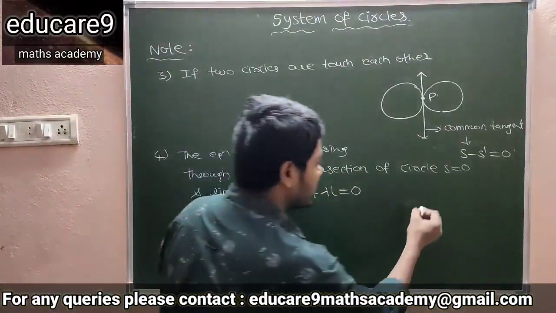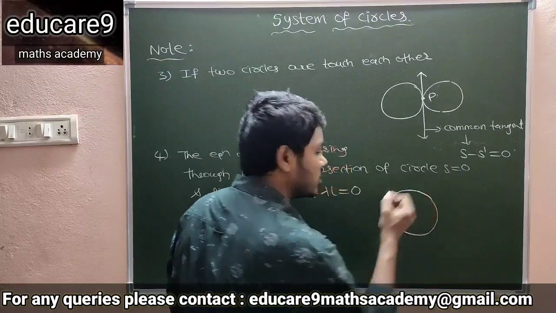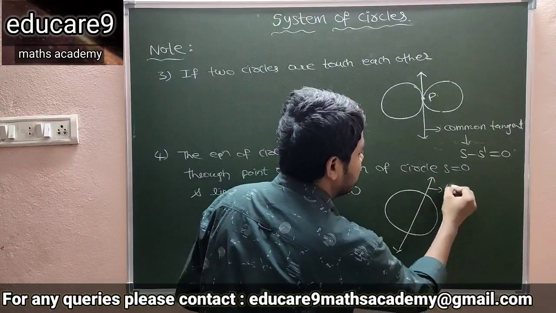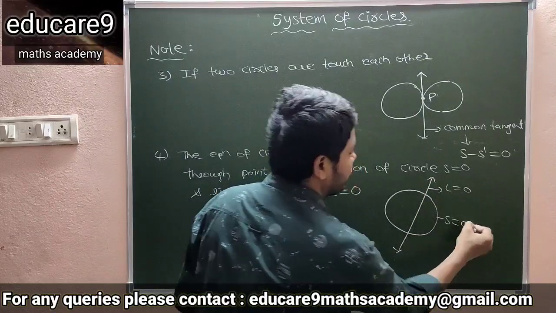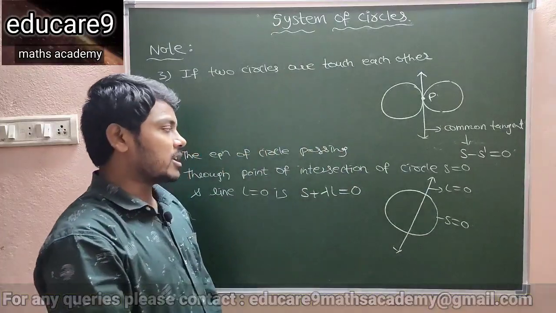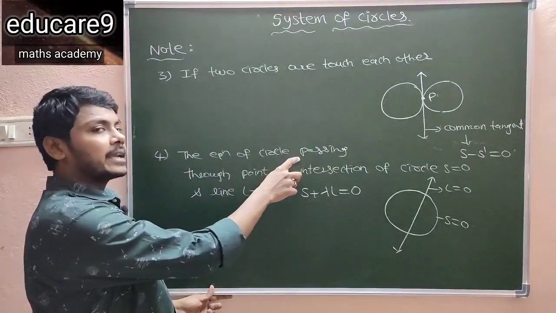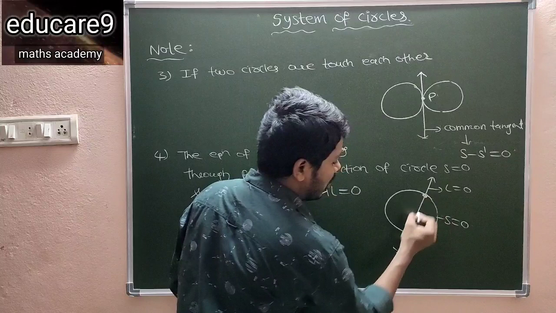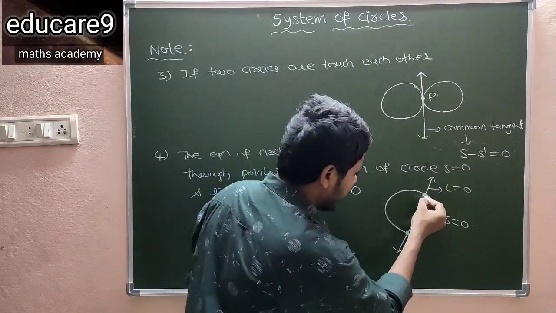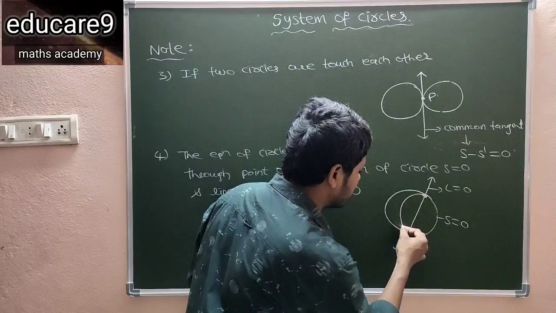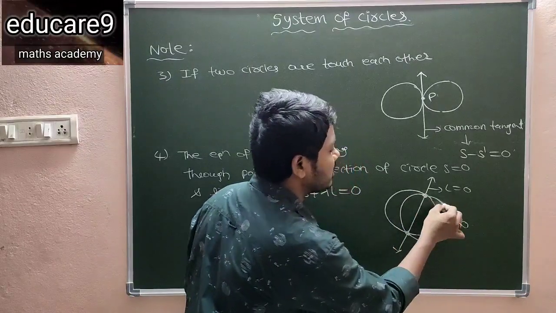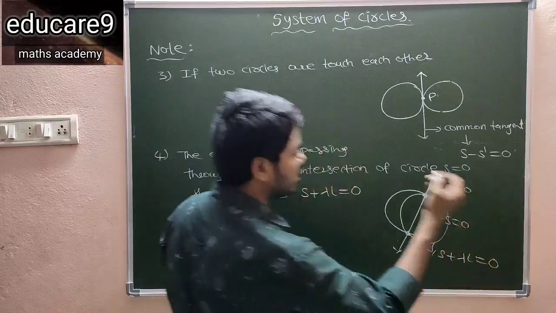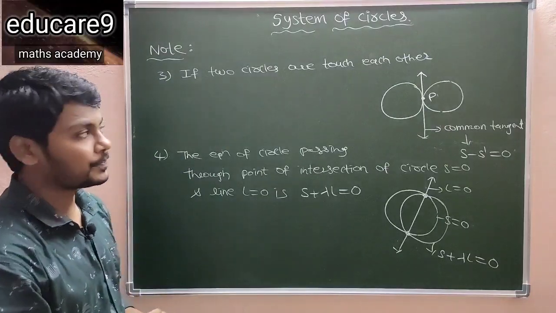So see here, suppose this is the circle S equals to 0 and this is the line L equals to 0. This is the point of intersection of the circle and line. Then the circle passing through the point of intersection of circle and line is S plus lambda L equals to 0. So this is the fourth note.